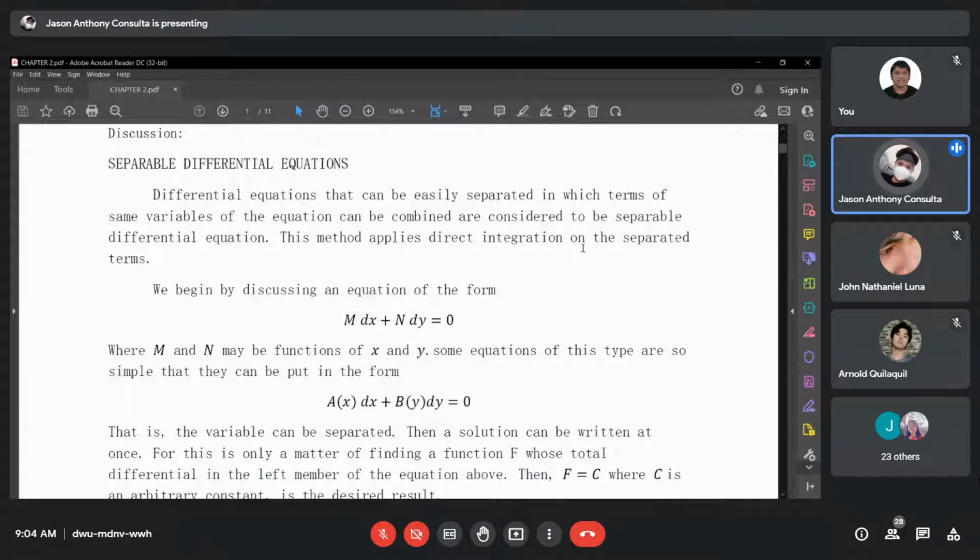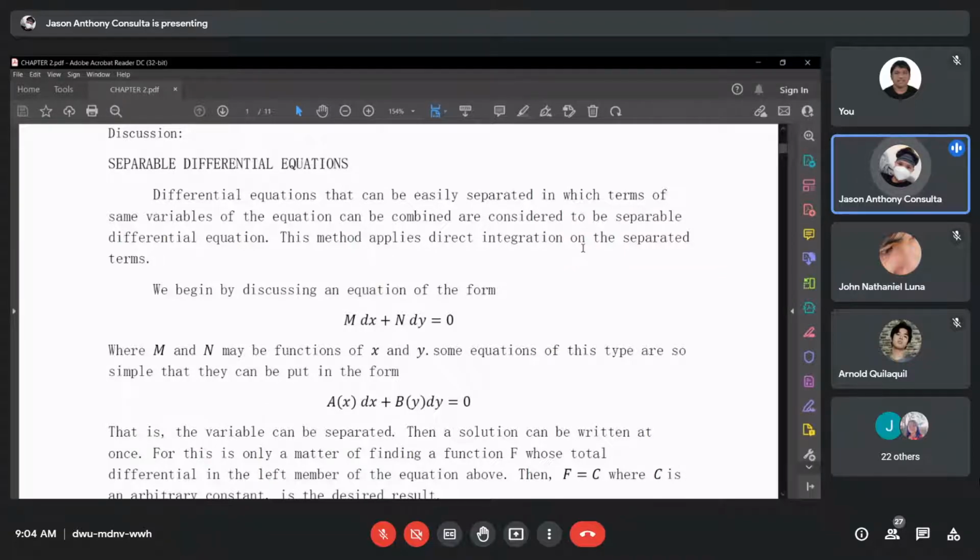Okay, so ibig sabihin yung lahat ng dy terms, i-combine natin, then yung lahat ng dx terms, x and dx terms, i-combine din natin before applying the direct integration. So this method applies direct integration on the separated terms.